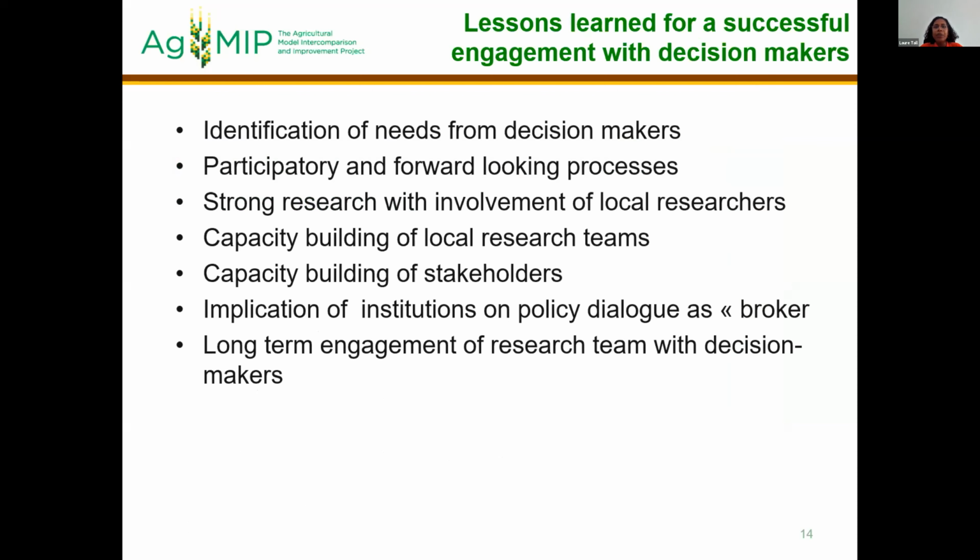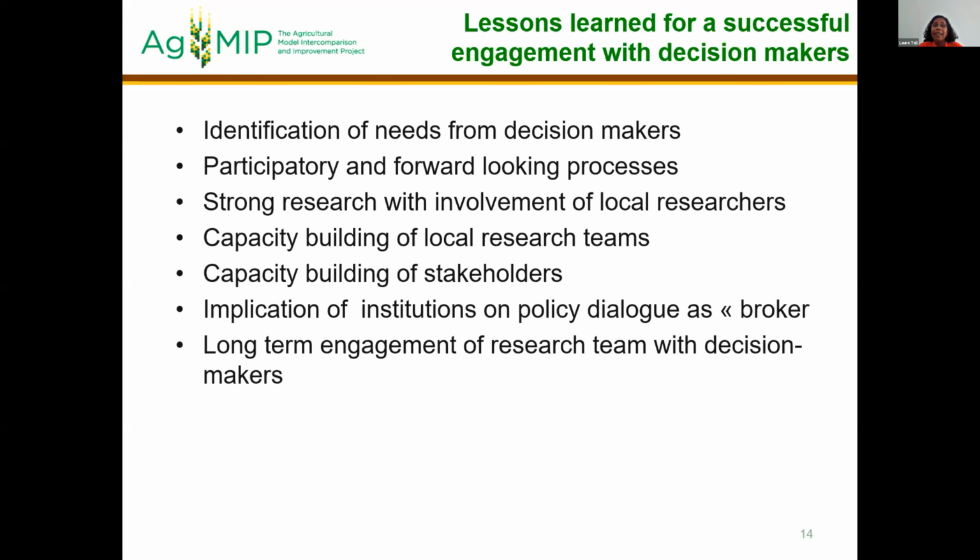What we've learned working on adaptation to climate change with the AgMIP team is that we really have to identify the needs from the decision makers and not just come with an idea of what they need or what they want. So we really need to have a dialogue, constant dialogue and fluid dialogue with decision makers.